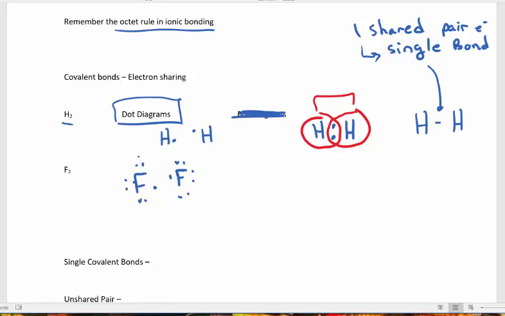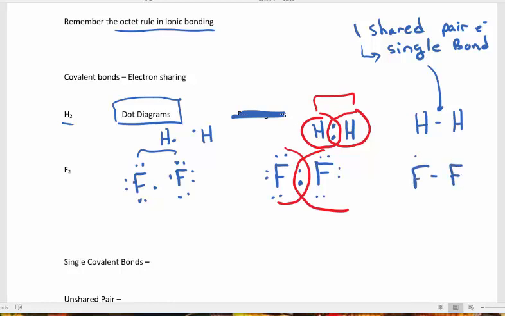So these atoms are going to move closer together, and they're going to share that valence electron with each other. So again, this fluorine has a hold on those electrons. This fluorine has a hold on those electrons. Each of them holding on to it is what makes that single bond happen.